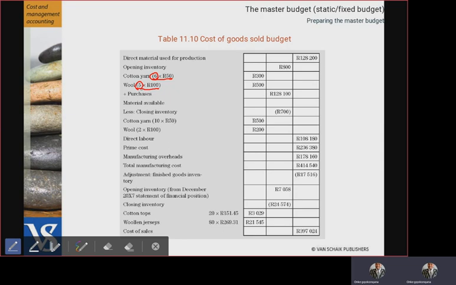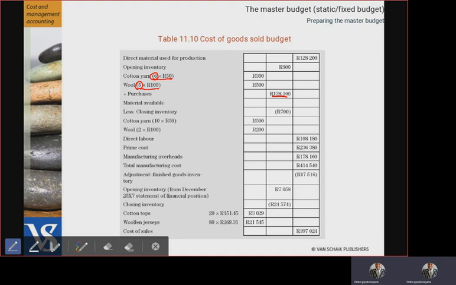It is 6 kgs, and you've got 5 kgs of your wool yarn, multiplied by the cost, it gives 300 and 500, plus your purchases. If you've already done the material purchase budget, this amount is taken from there, this 128,100 from your direct material purchase budget.